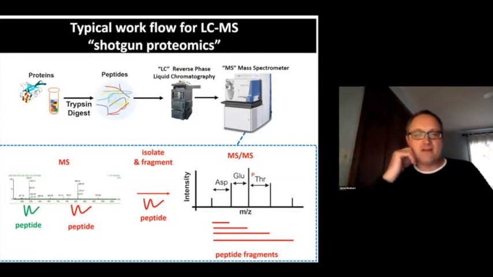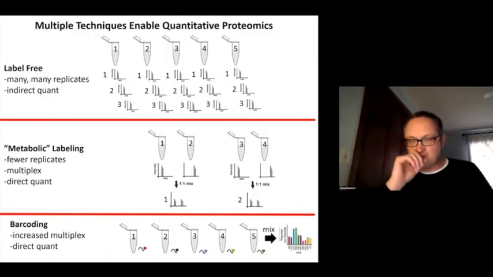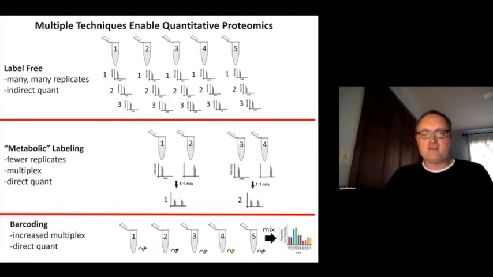And where we left off last time was the discussion of how you can use methods or use this data to get quantitative information. And so this dense slide that I'm going to walk through briefly here is going to give you some insight into the next case studies that I'll present to you.